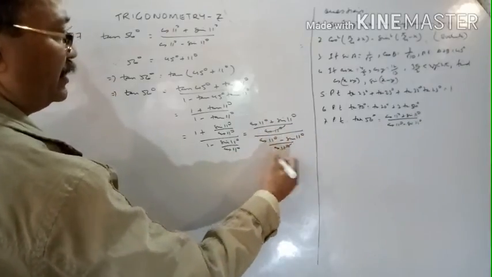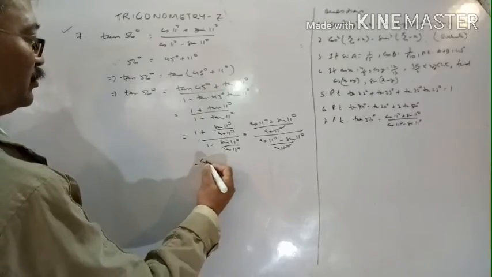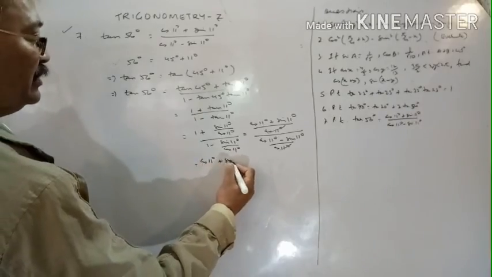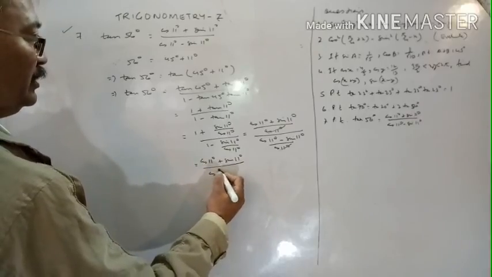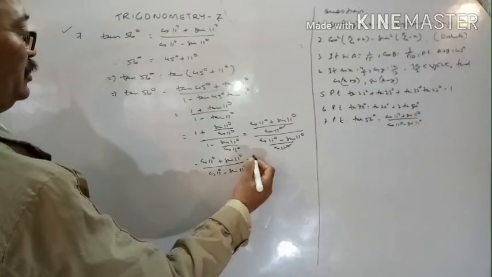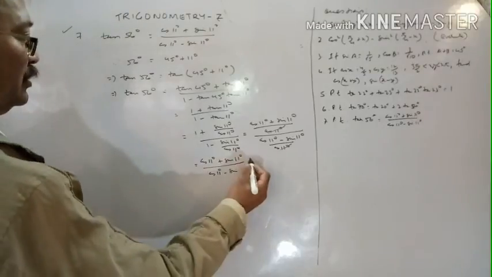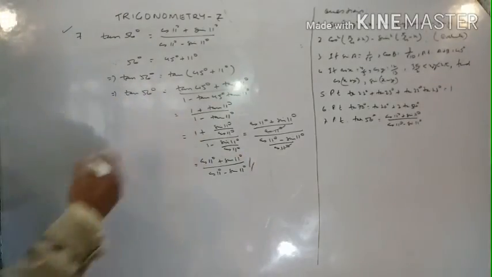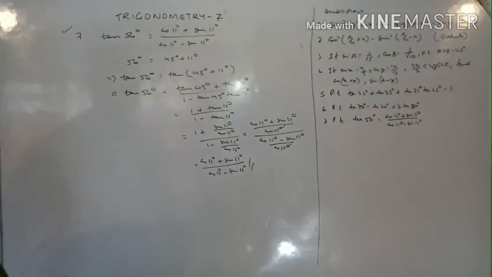So cos 11 gets cancelled, as the value is not 0. We get cos 11 degree plus sine 11 degree upon cos 11 degree minus sine 11 degree. So this is proved: tan 56 is equal to cos 11 plus sine 11 over cos 11 minus sine 11. We'll do more problems in the next class.